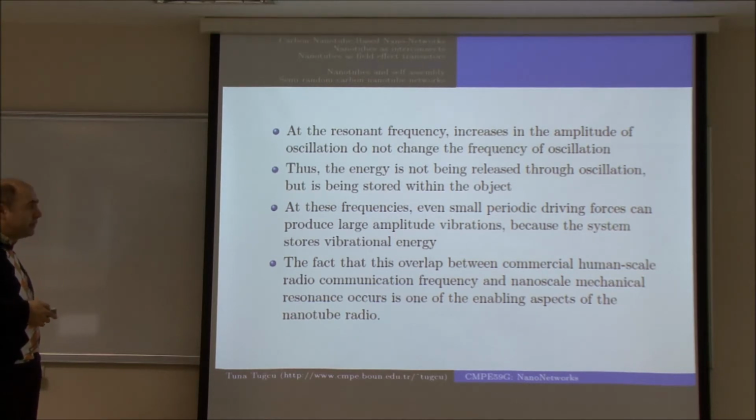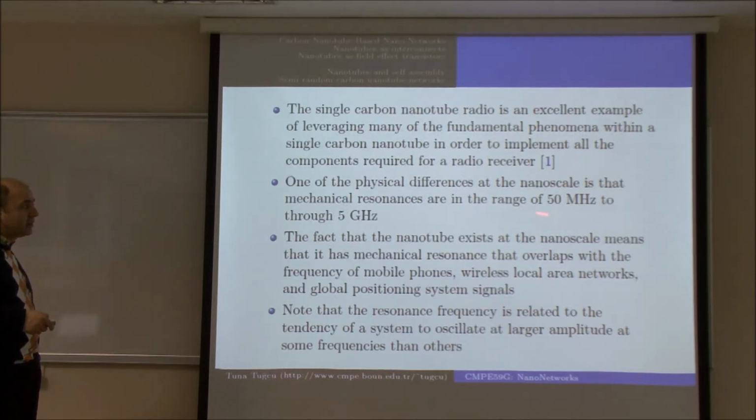So remembering the fact that we're able to resonate the nanoscale device with the technologies we currently have in hand, it provides us a way of communication between the human scale and the nanoscale.